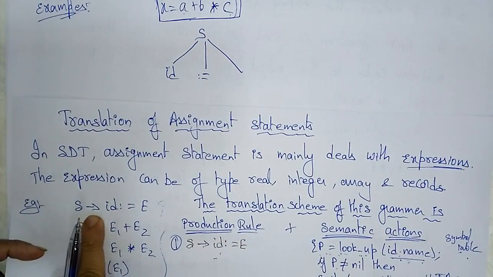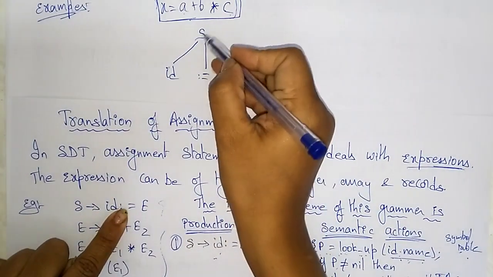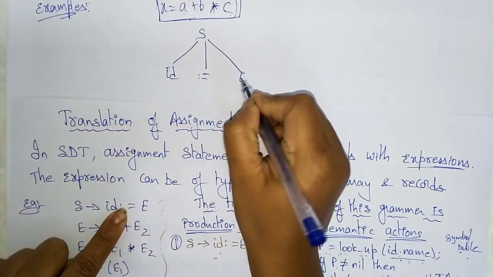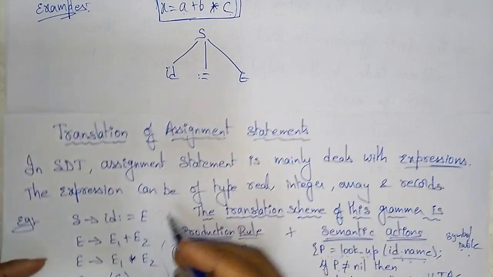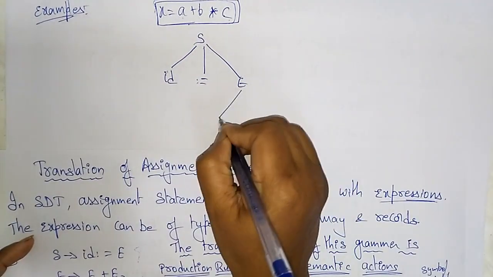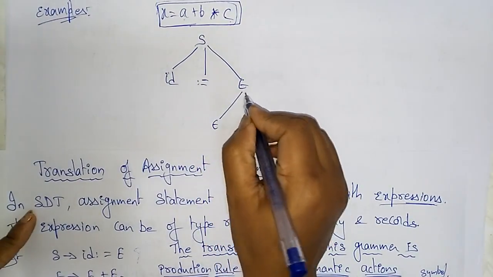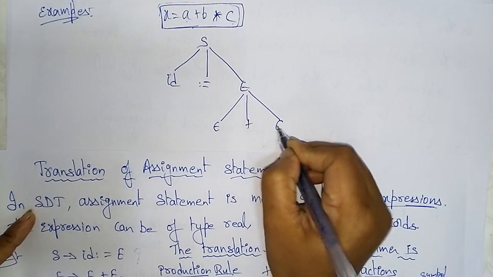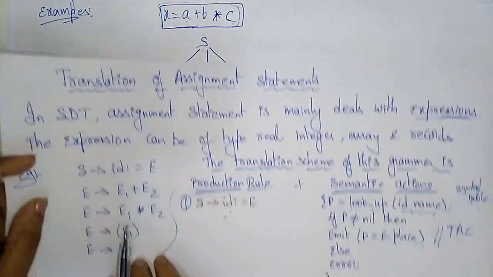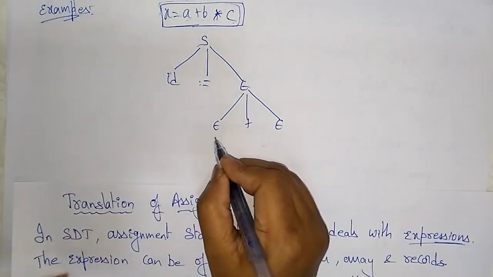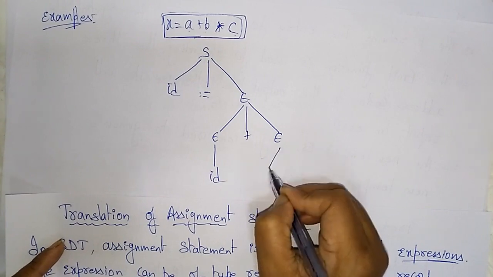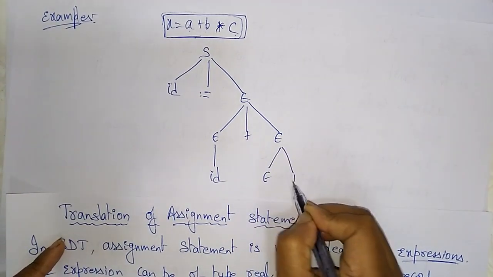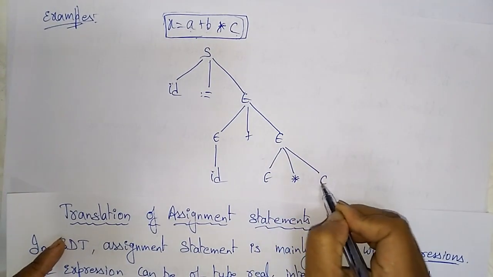First, S determines ID = E. Next, E determines E1 + E2. Again, E determines E1 * E2. And E determines ID.